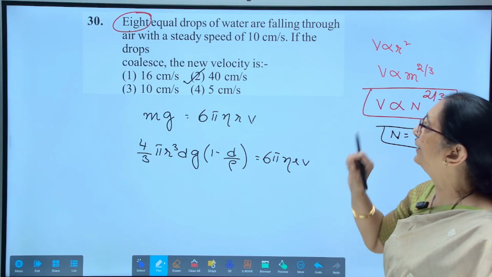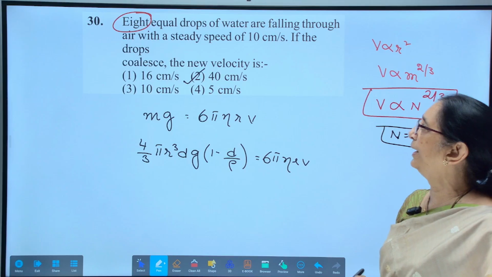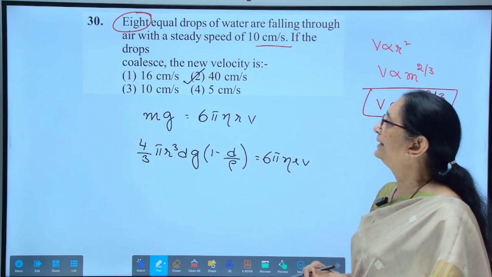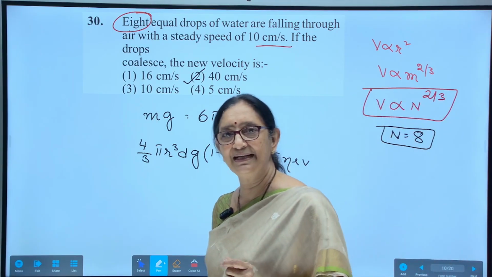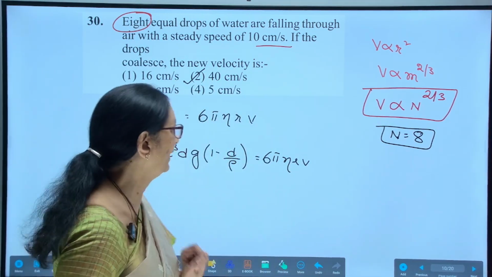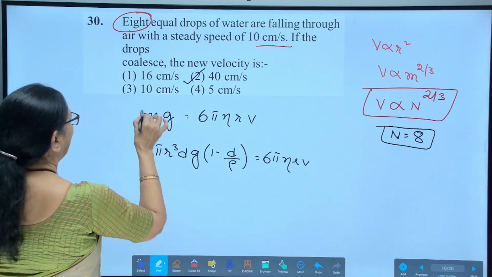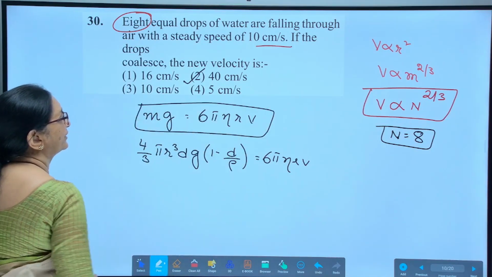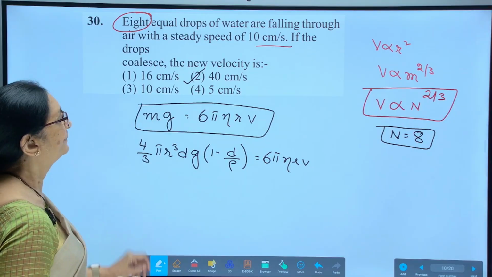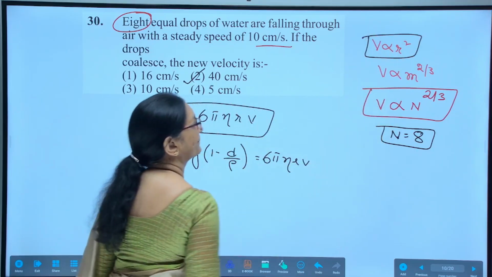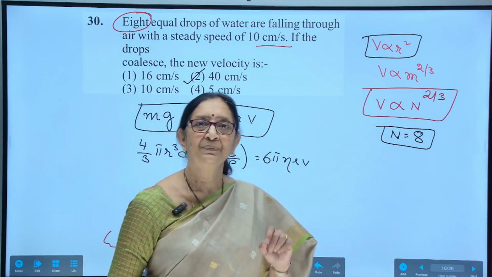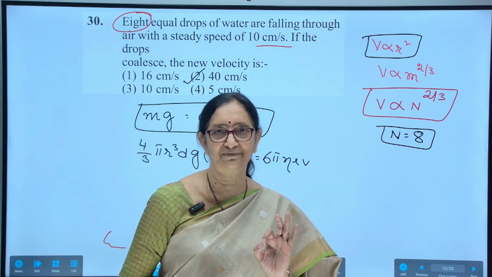Okay, move on to this next problem. 8 equal drops of water are falling through air with steady speed. If the drops coalesce, what is the new steady speed? Steady speed means terminal velocity. See here again, mg is equal to 6 pi eta rv, from which we have already proved terminal velocity is proportional to r square, where r is the radius of the drop.